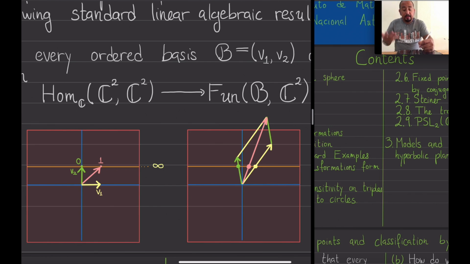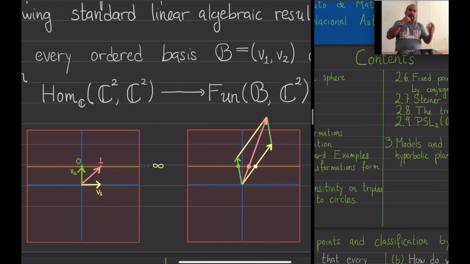I mean, the Mobius transformation induced by this linear map sends 0 to this one and sends infinity to this point. And then because this point is the sum of these two, the Mobius transformation has to send this one to this one, right?